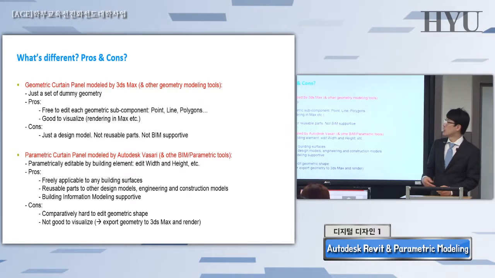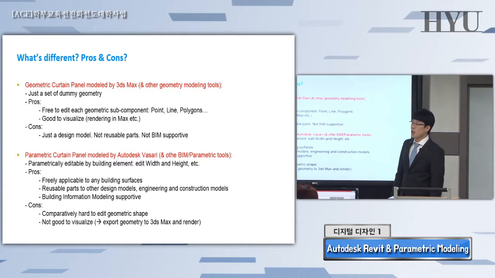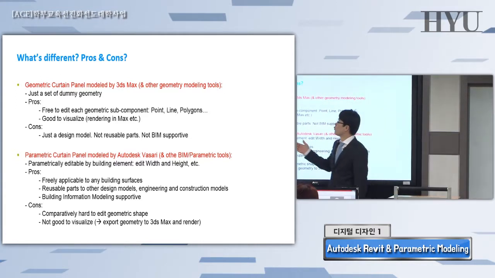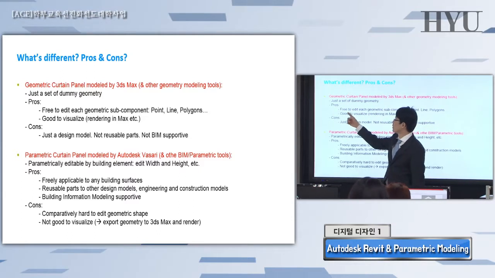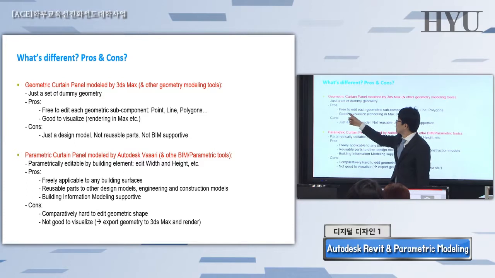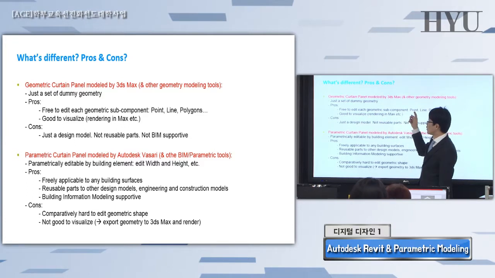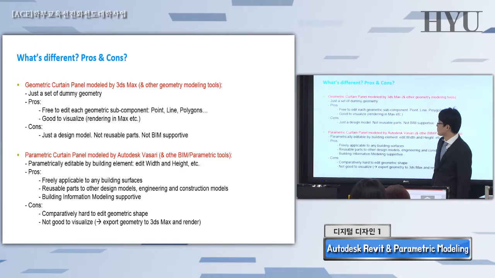But before doing that, please keep in mind these two different approaches. I'm not saying we abandon geometric modeling. Geometric modeling still has a number of pros, even if it has cons. It's free to edit geometric subcomponents and very good and handy to visualize.